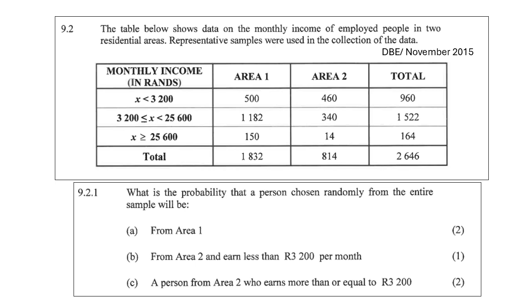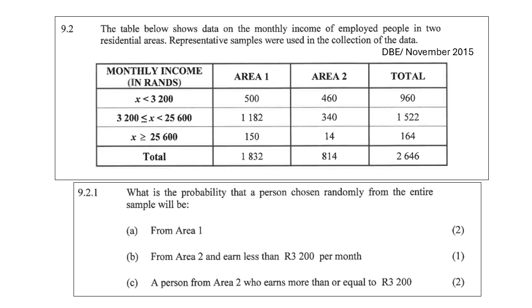The first category is for people with a monthly income of less than 3,200 rands. The second category is for people who earn 3,200 rands or more, but less than 25,600 rands. And lastly, we have the category for people that earn 25,600 rand or more.